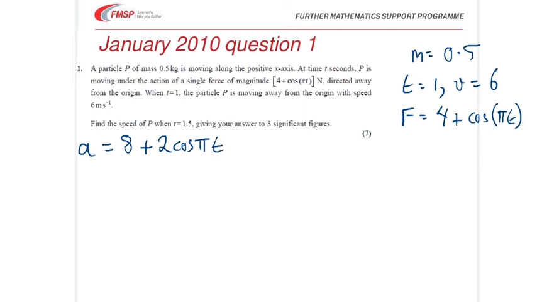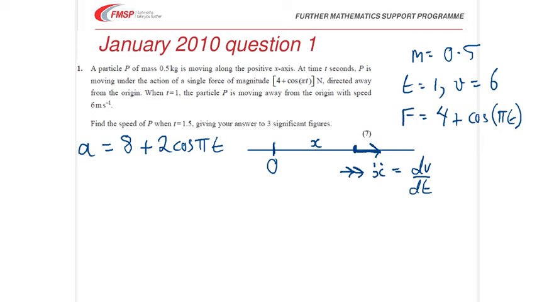Now in this case, the object is moving along the positive x-axis. The force is directed away from the origin. x is measured from the origin. So we've got a setup like this. There's the origin, there's x. The force acts that way. The acceleration, which I'm calling x double dot because that's a habit, that's what I tend to write it as on those diagrams.